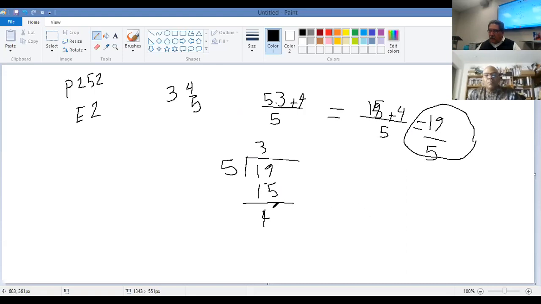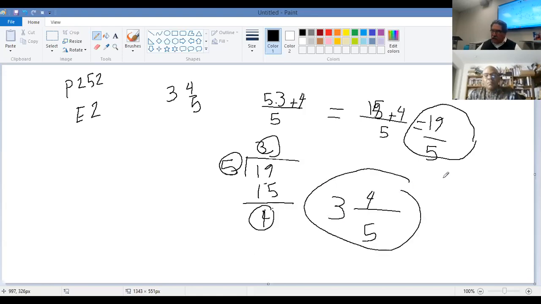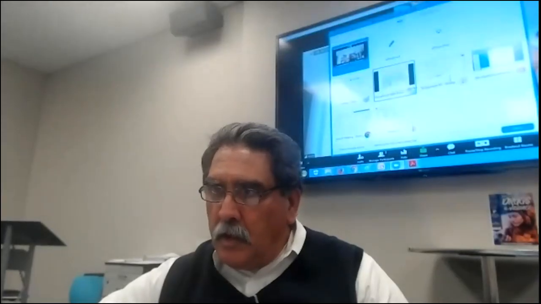So this goes to the numerator, this goes to the denominator, and this becomes the integer here. This is called a mixed number. This is called an improper fraction. Okay? So let's go back to our PowerPoint.